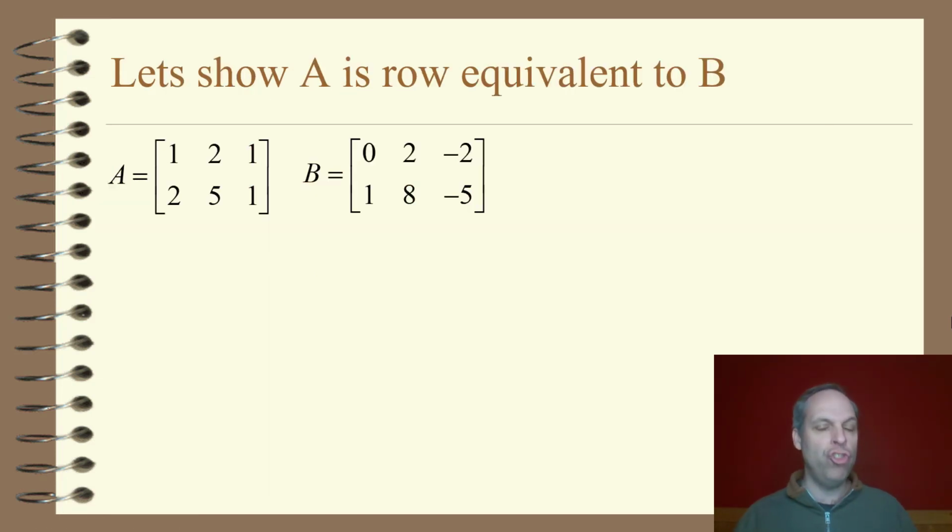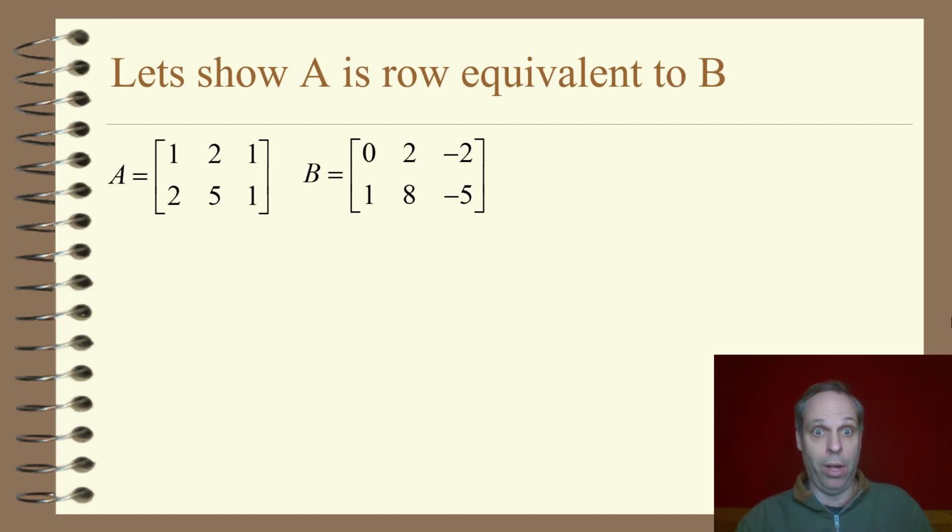So doing things in general and not using specifics can be hard for students to follow. But if it's true in general, you could then use the specifics as an example to further cement the basic concepts. So for example, I want to show you that A and B are row equivalent.